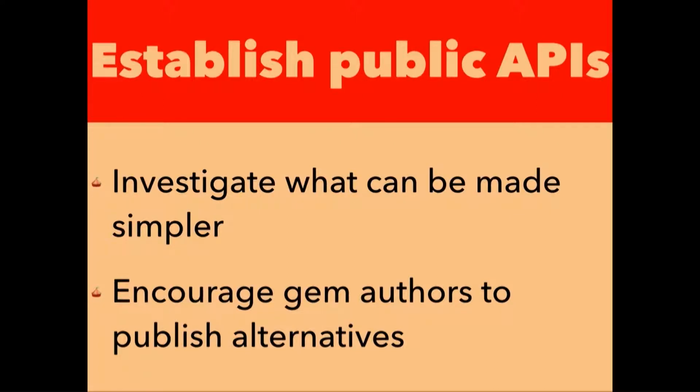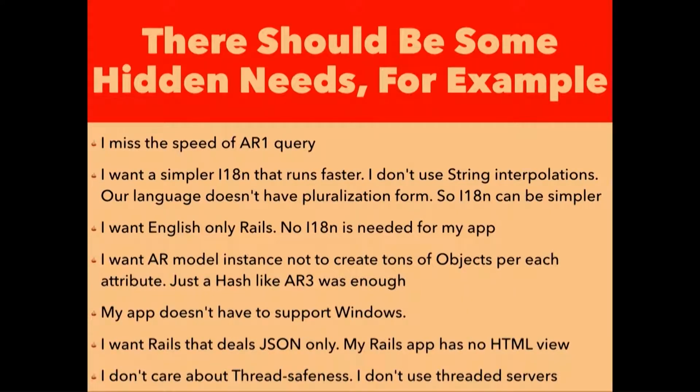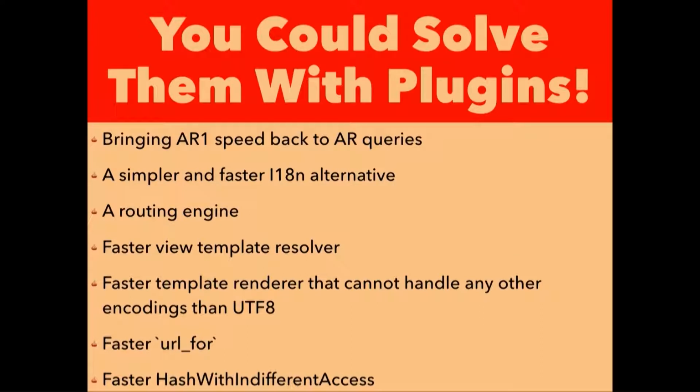In order to enable this, we need to establish public APIs for each component and encourage the community to create alternatives. There are a few ideas. I'm going to skip these, but we can create a simpler I18N, or a simpler, faster routing engine, or a template resolver, url_for, etc.